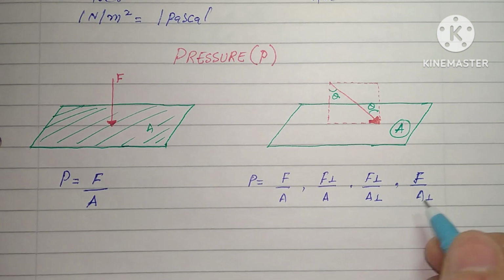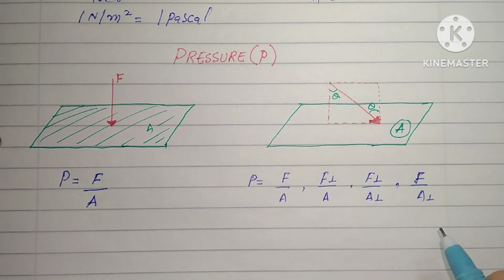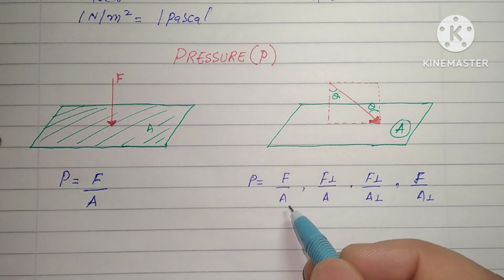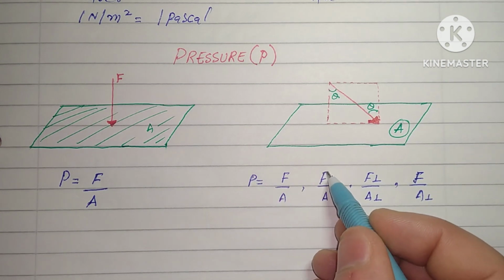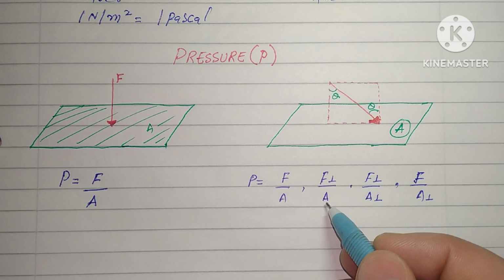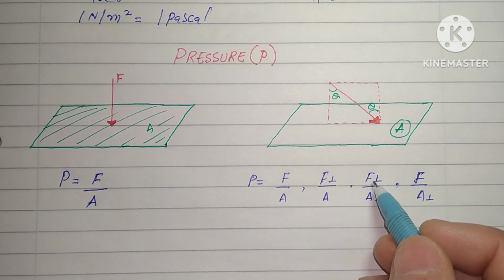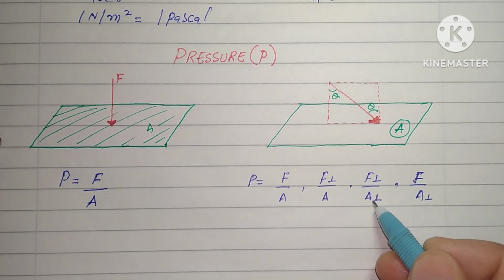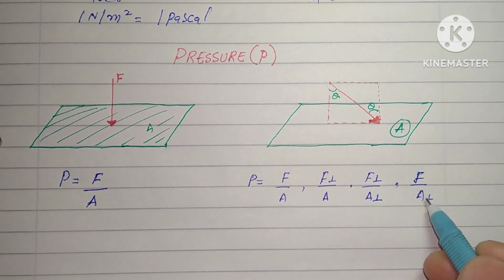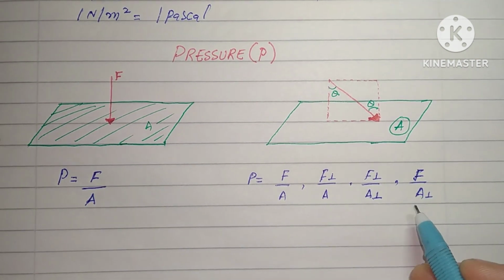There are four possibilities. Which one is the correct definition of pressure? Pressure is force per unit area. Pressure is the perpendicular component of force divided by area. Pressure is the perpendicular component of force divided by the perpendicular component of area, or pressure is force divided by the perpendicular component of area.